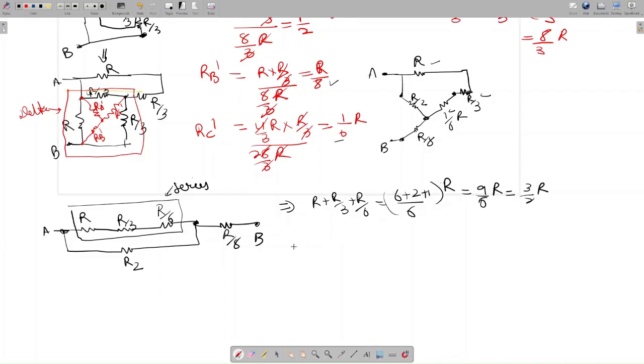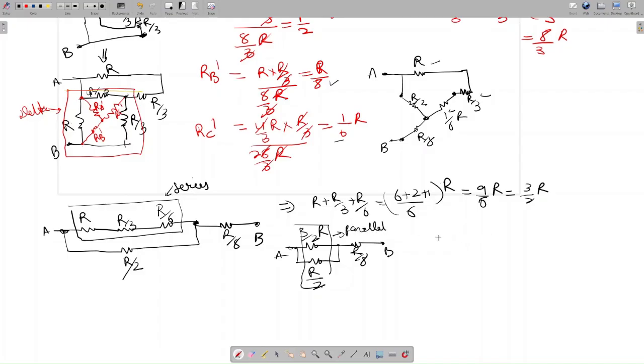So this becomes 3 by 2R. This is R by 2, R by 2. Now this is in parallel connection.